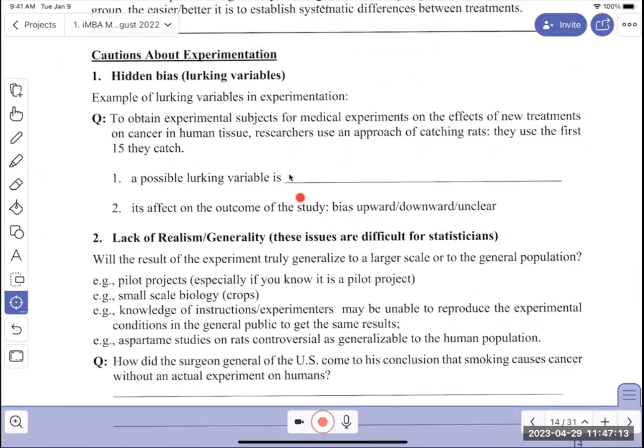You have a bias because if you can just run around catching rats, they might not be the healthiest rats out there, and that might introduce bias to your study, where if you're testing something like a medical intervention, it might not be that successful if you expose these rats to carcinogens and see if your treatment prevents them from dying of cancer, and they're more likely to die because they're not the healthiest rats. That's a lurking variable.